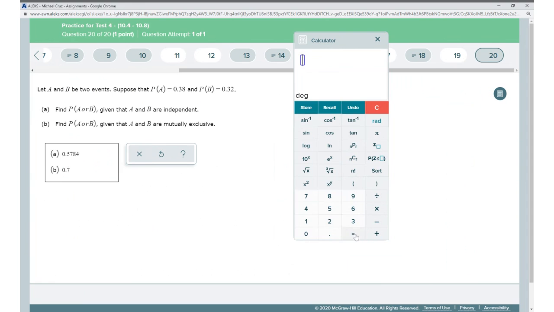Let's see, 0.38 times 0.32. So that's the number we're subtracting. There's no change sign thing here.